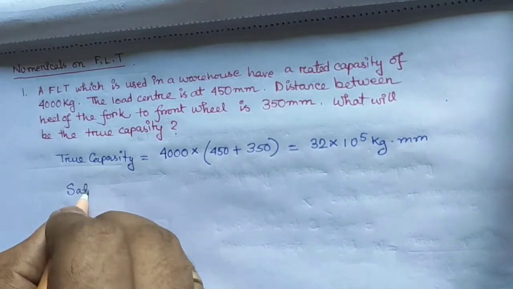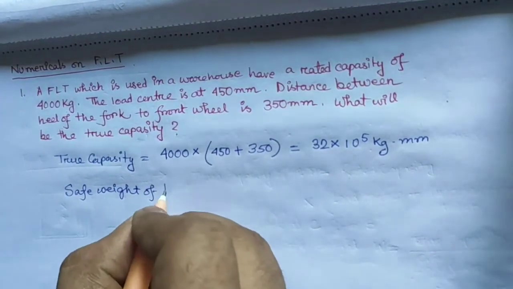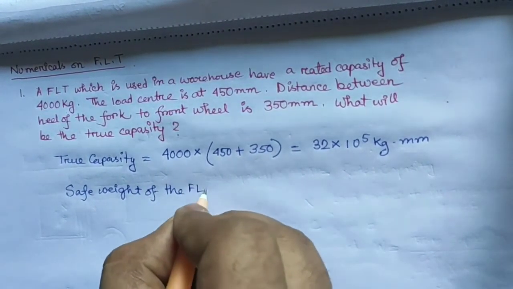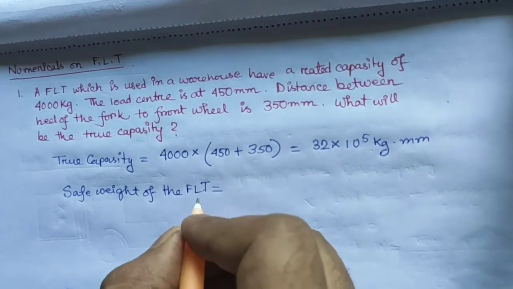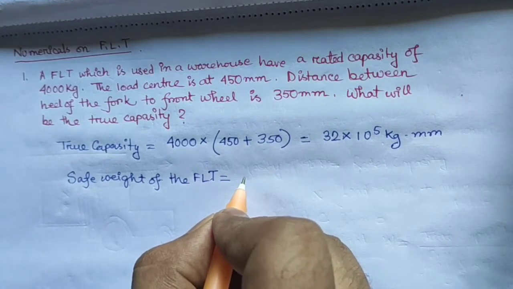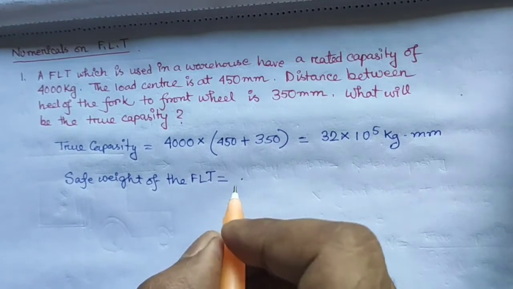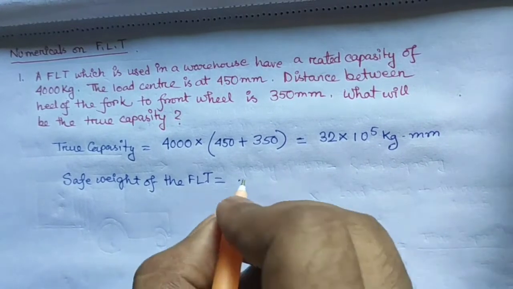Safe weight of the FLT is the maximum weight which is carried by the FLT, and this safe weight must be lower than the rated capacity, just because it can counterbalance the load with the weight of the forklift truck. So to find this out, we have to do this.